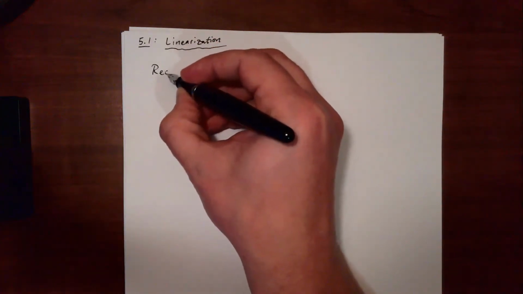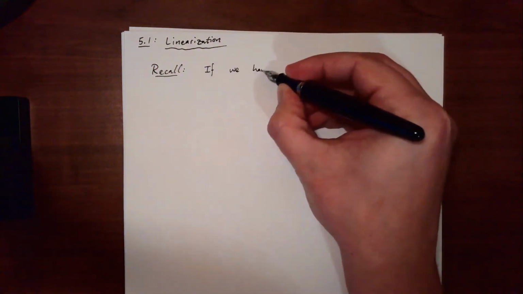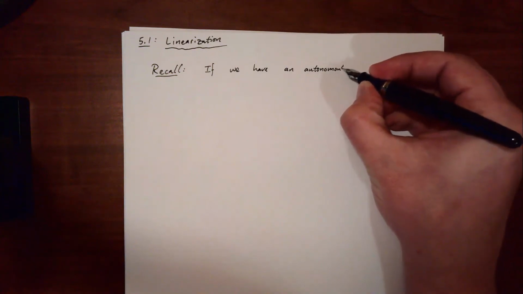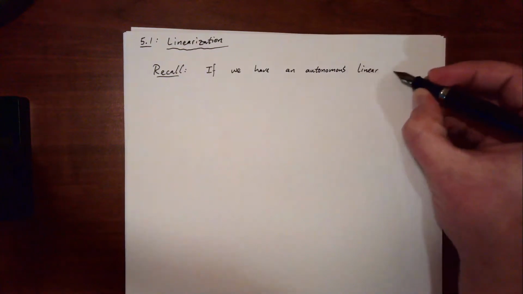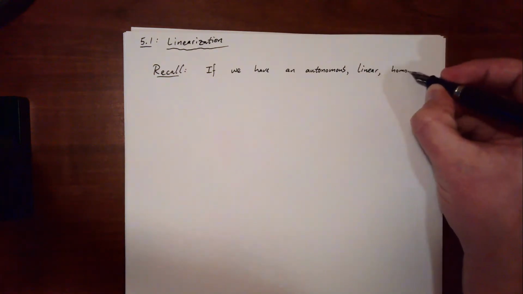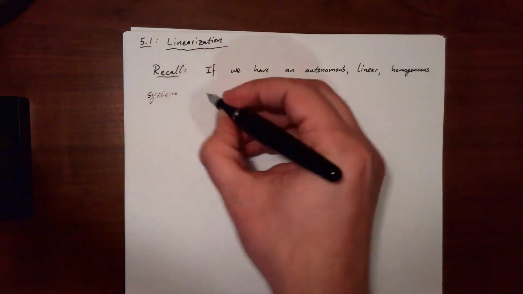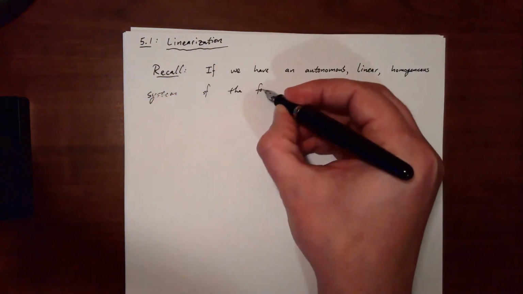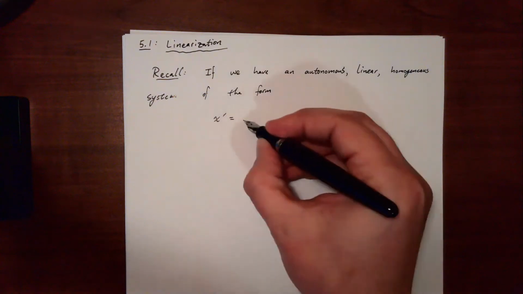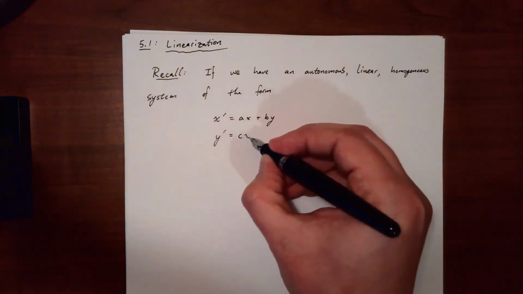So recall, if we have an autonomous linear homogeneous system of the form, and the default format for something like this would be x prime equals ax plus by, y prime equals cx plus dy.